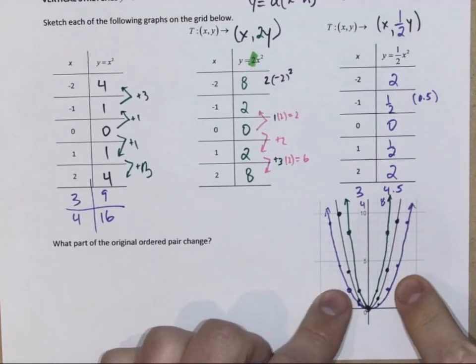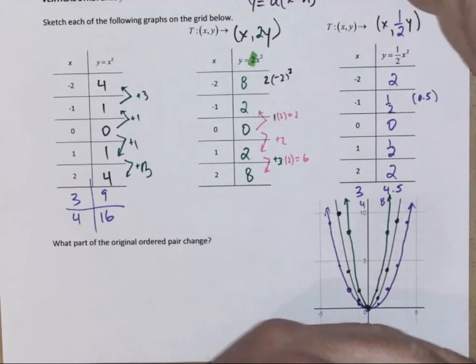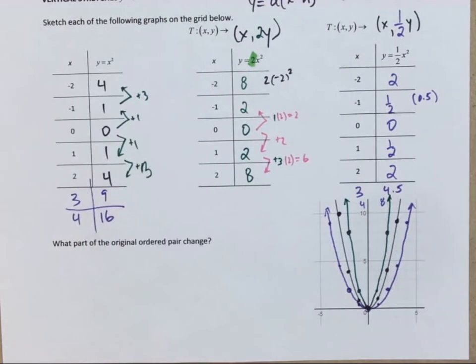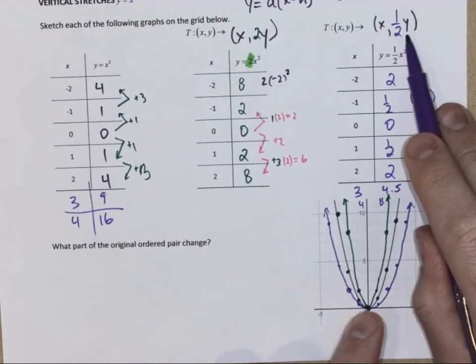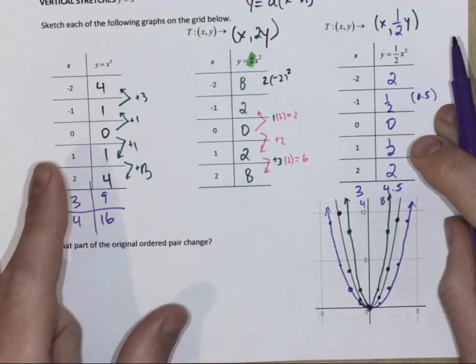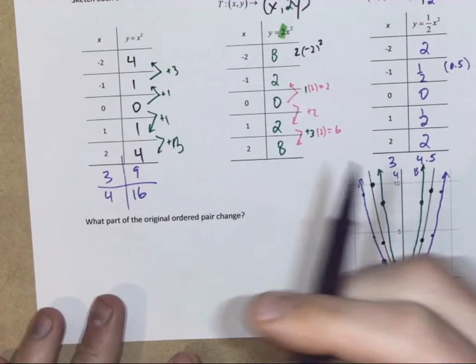So this purple one looks wider than the original. It's been compressed, so each point isn't as high as it's supposed to be, so it looks wider. In fact, each point is half as high as it would have been in the original starting parabola. So what part of the original ordered pair changed? It's the y value.